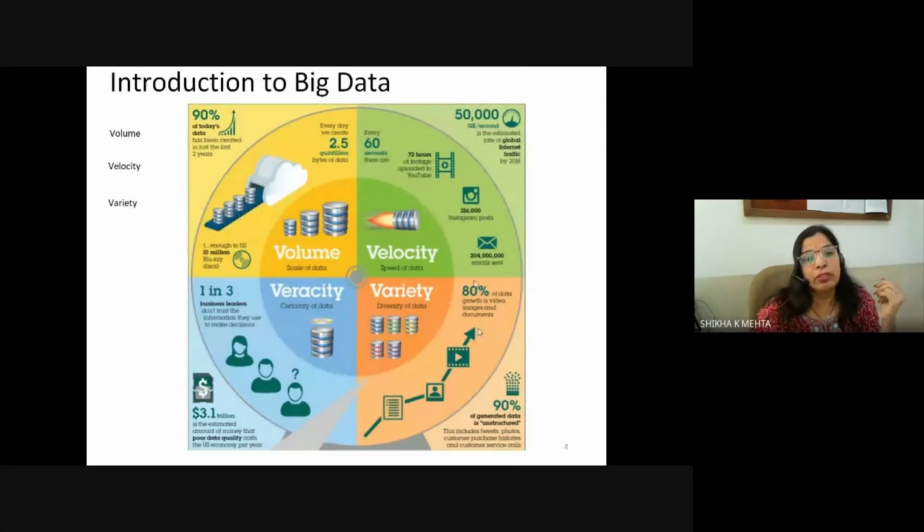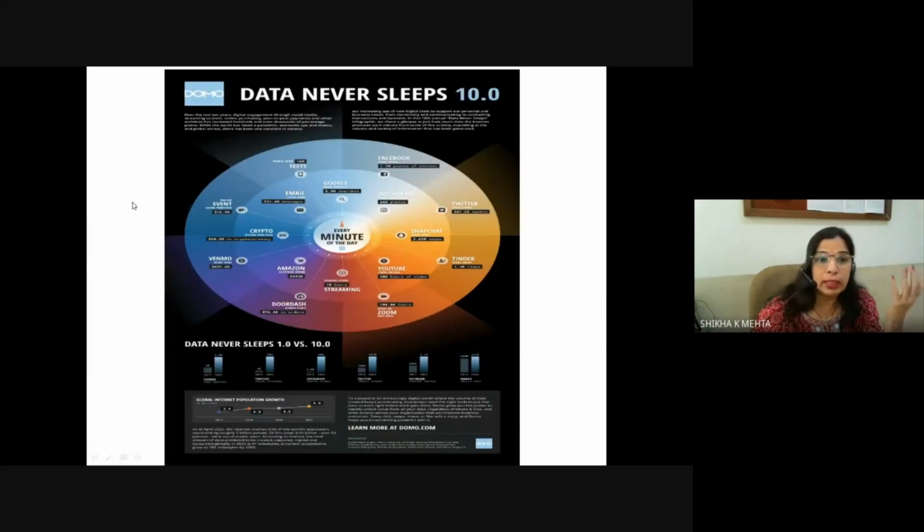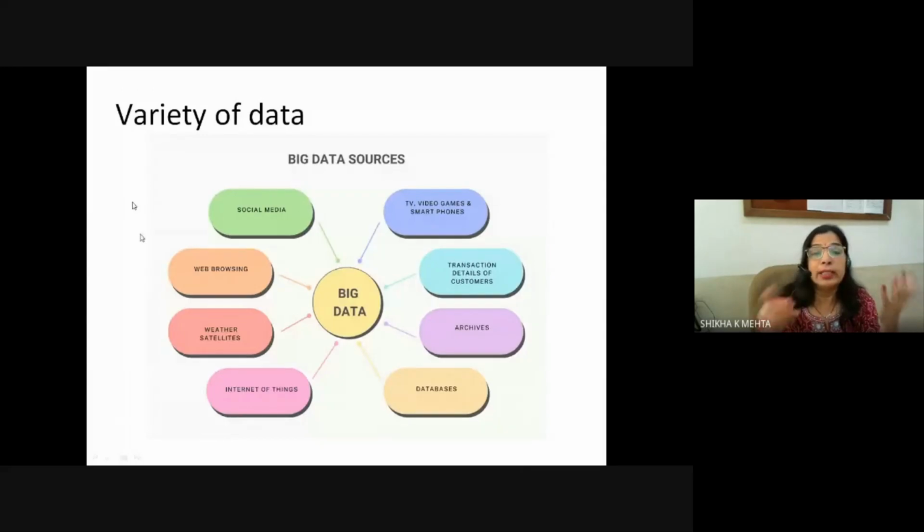Then we talk about variety. As I said, previously the data was available in tabular form only. Now we have a huge variety of data, in unstructured and semi-structured form, and 90% of the data is unstructured, coming from social media applications.